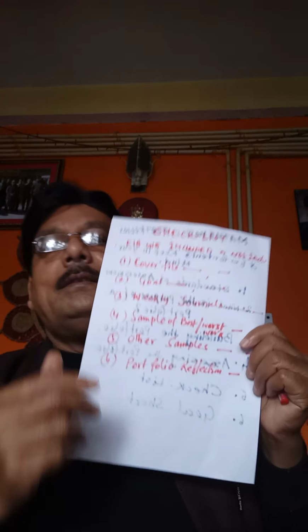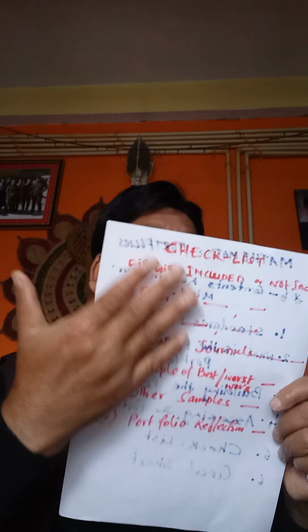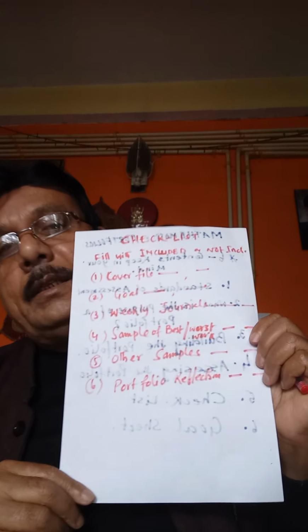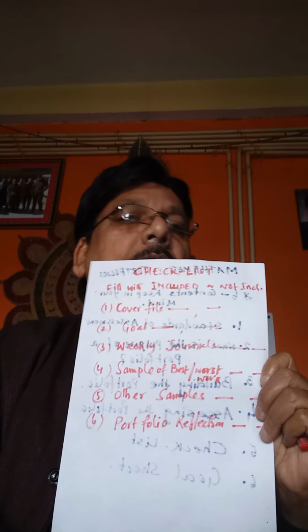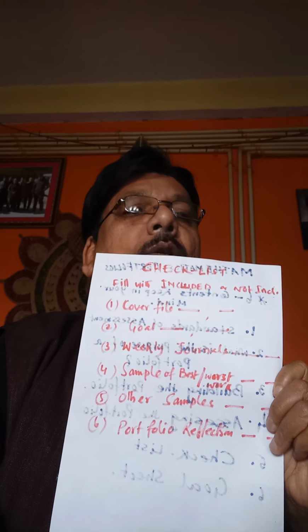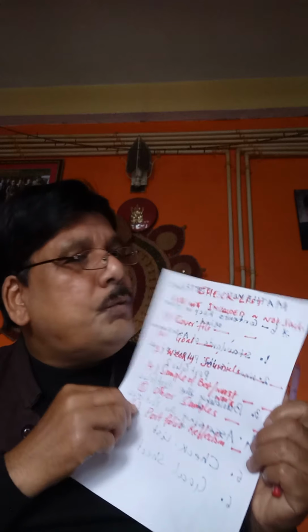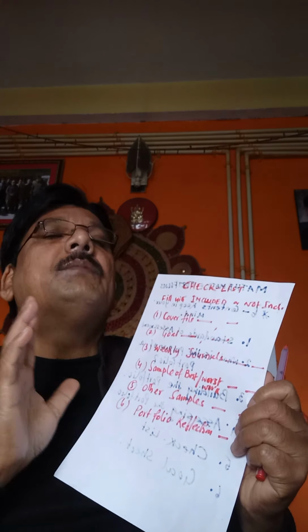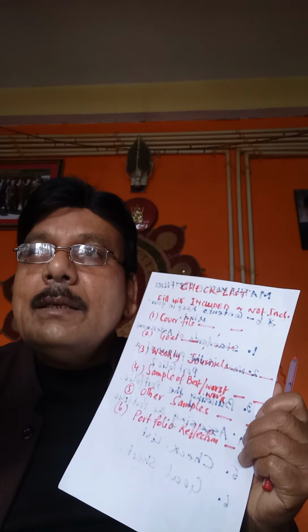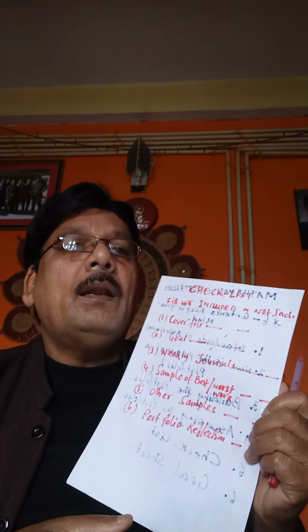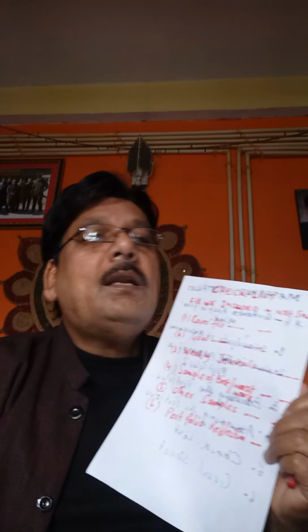Now the portfolio checklist. See here, this is the portfolio checklist. Keep in mind, this sheet should be handed out to the students at the beginning of the course, that means at the beginning of the school year, and be accurately discussed.